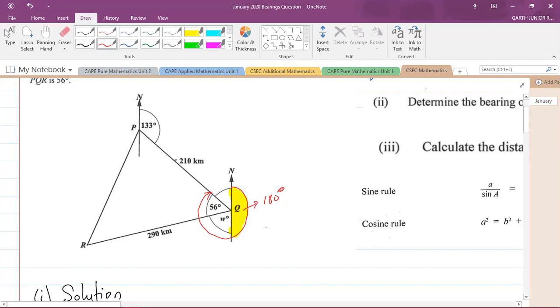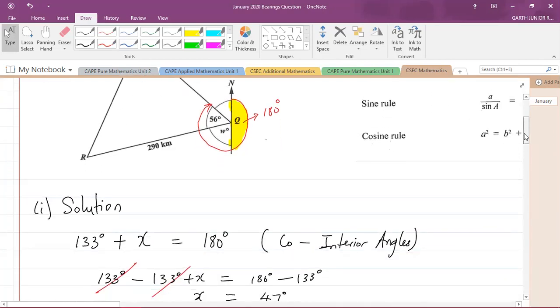I hope you agree with that. And to get the bearing, I would need to add this 180 degrees to my angle W, so 180 degrees plus W plus 56 degrees. I would have to add those angles in order to get my bearing.